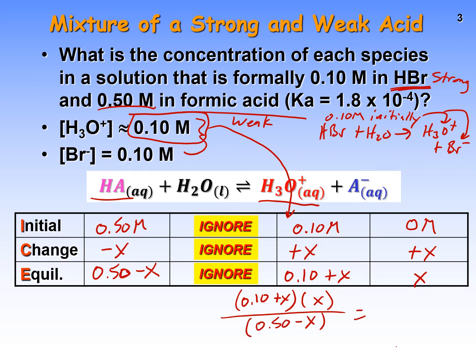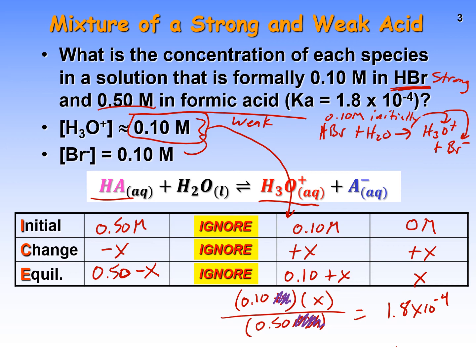This has to be equal to our Ka, or 1.8 times 10 to the negative 4. I'm going to use the 5% rule here because I know I'm allowed to, but you should always double check after you do it. So we're going to cross off both the plus and minus x because we're going to assume x is really small and doesn't really change those two concentrations we're adding and subtracting it to.